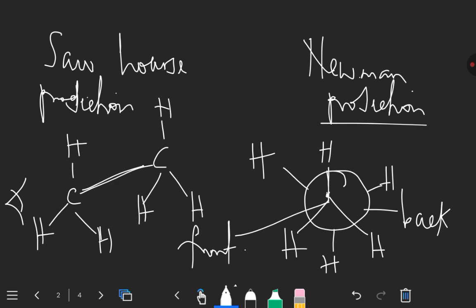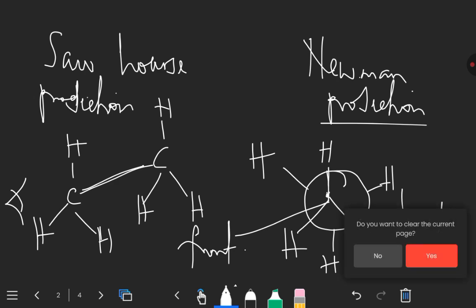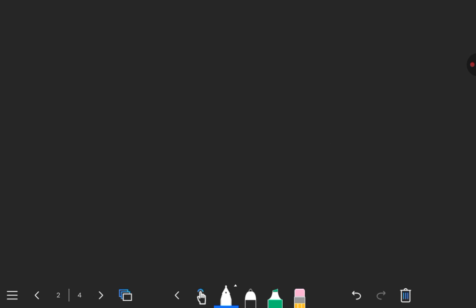Now, under Newman projection, we have two different types. There's what is known as eclipsed and also what is known as staggered. So let's look at staggered and also eclipsed conformation. I'll have the same compound CH3 like that.